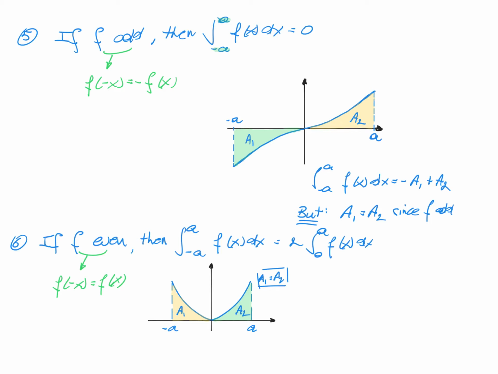Both of the areas are on the positive side, and so we can write the integral from minus a to a of f of x dx as the integral from minus a to 0 of f of x dx plus the integral from 0 to a of f of x dx, which is equal to A1 plus A2, but A1 and A2 are the same, so this is equal to 2 times A2, or 2 times the integral from 0 to a of f of x dx.